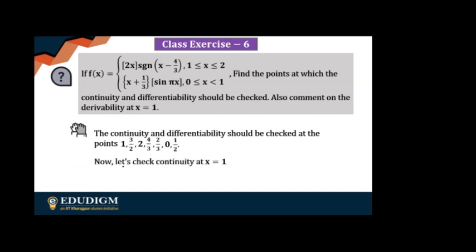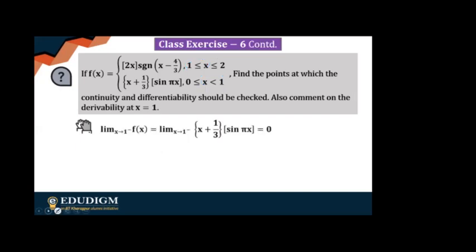So if it's not continuous, obviously it won't be derivable. Now we are checking the continuity at x equals to 1. So as you see, this is one problematic part because it's changing its behavior around x equals to 1. So let's just go ahead and check the continuity there. Very simple, not so simple though anyway.